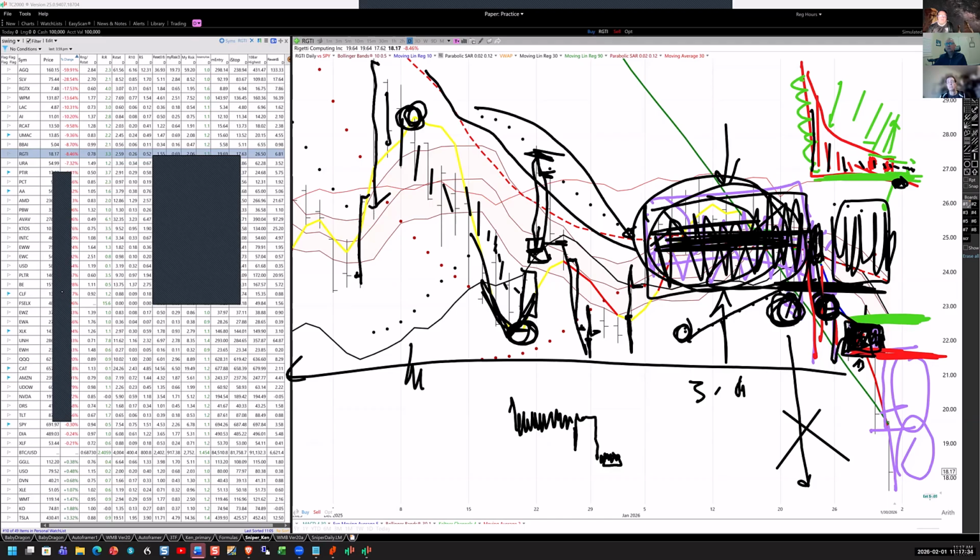So I look at that as, I just take the middle of that and say, that's the middle of that consolidation. And now this little piece here, even tighter consolidation.